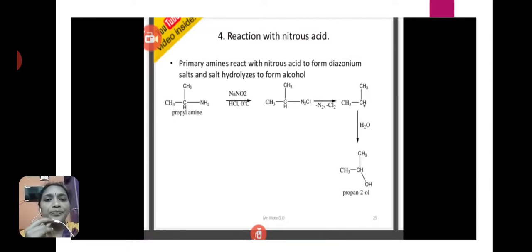This is the nitrous acid mixture. When we take NaNO2 and HCl, nitrous acid HNO2 is released from that mixture. So here the primary amine reacts with nitrous acid and forms a diazonium salt.